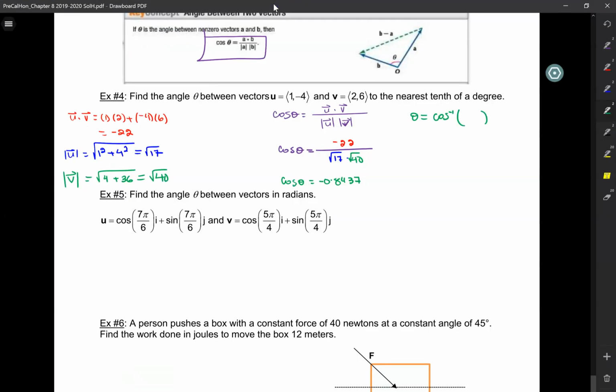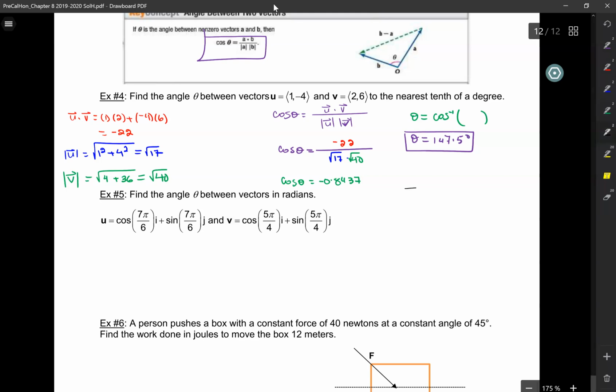But how much is it in degrees? 147 point. Is it? Oh, so it's 147.5? Yeah. Okay, so let's think about what that means.